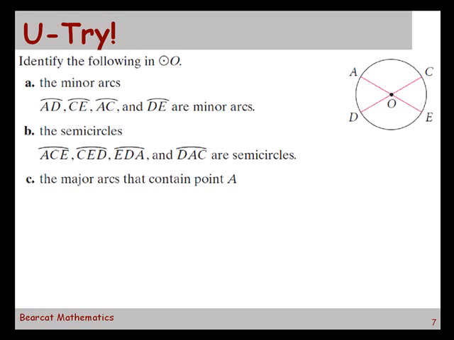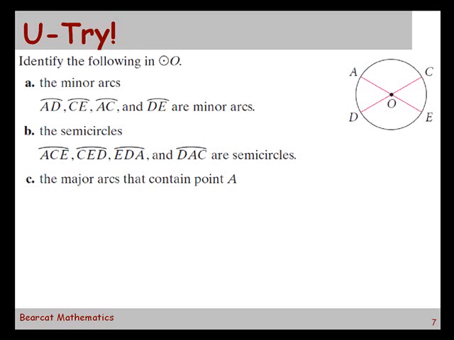DAC. I think we've said that. That's a semicircle. DAC is a semicircle, so that's not going to cut it. But I think, what was the last one we said? AEC, right? I think there's another one like that.